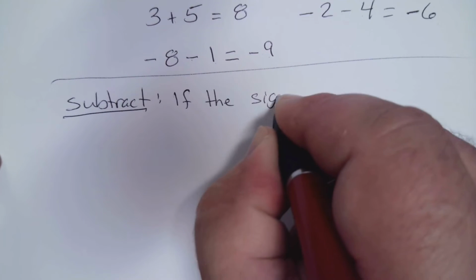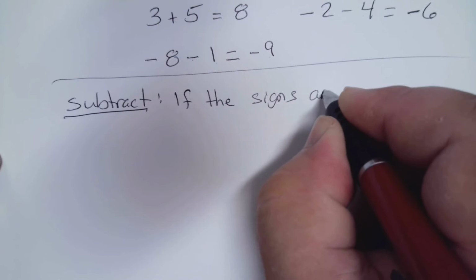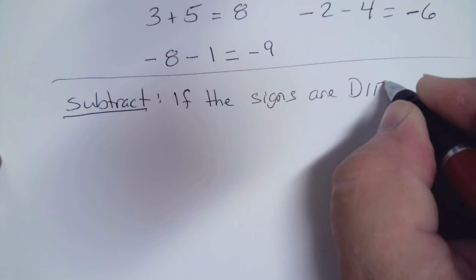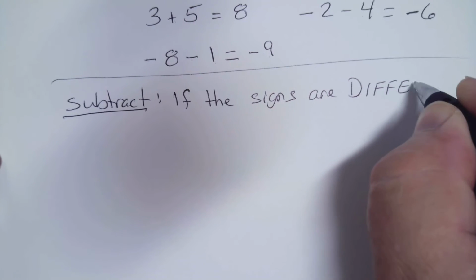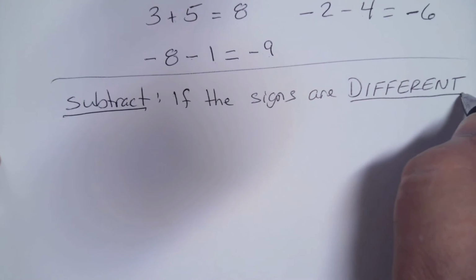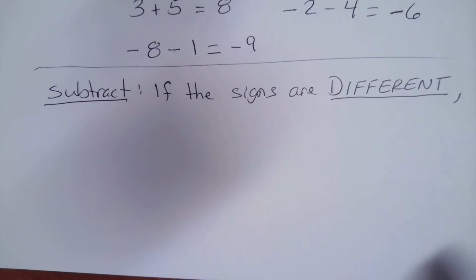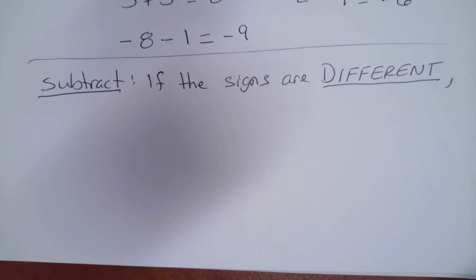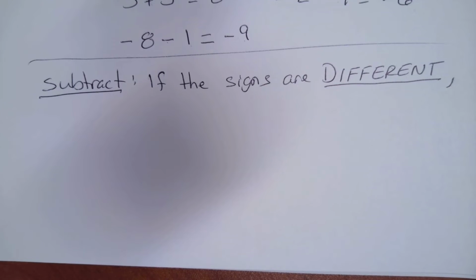If the signs are different, remember, you don't have to write that. If you want to, you're more than welcome to, but I'm going to send you all these notes so you won't miss anything.